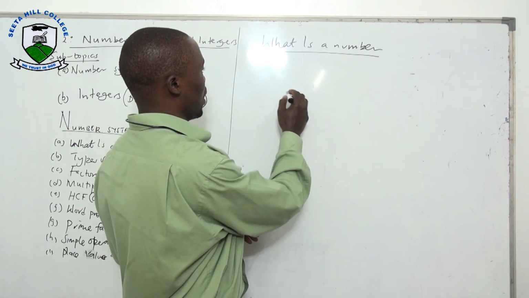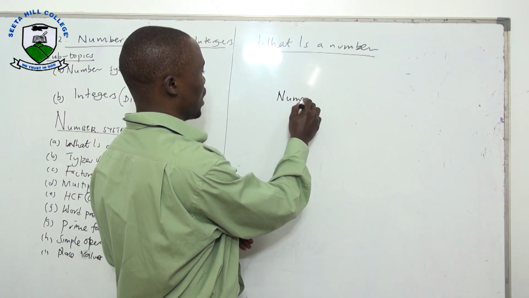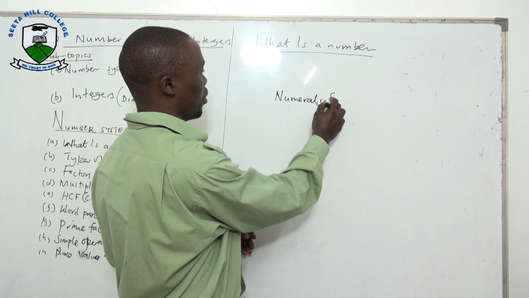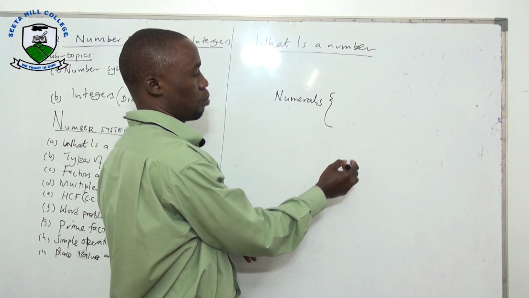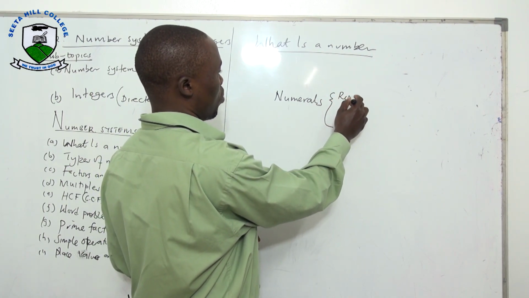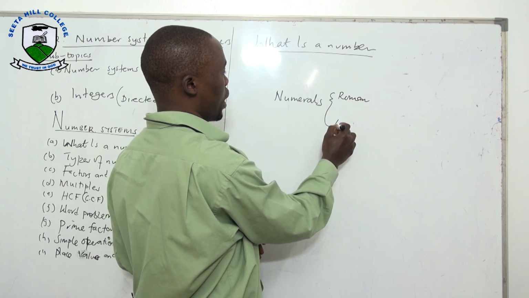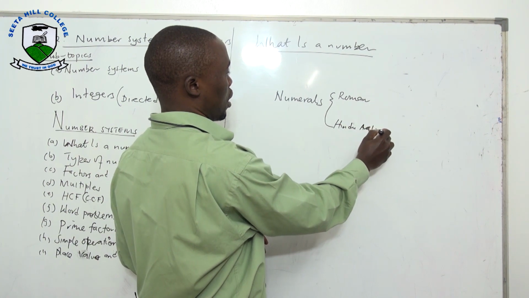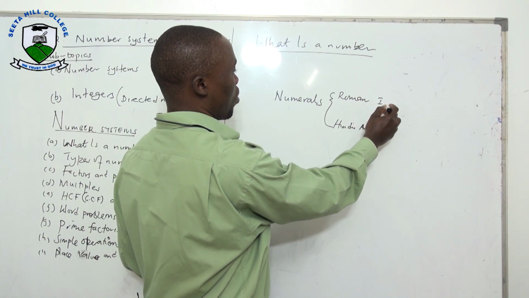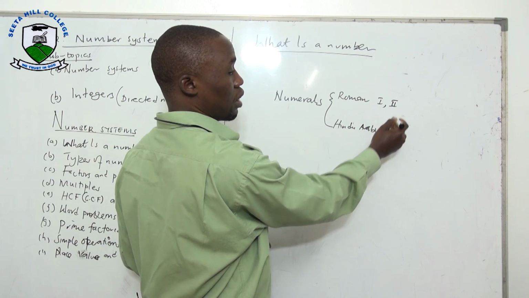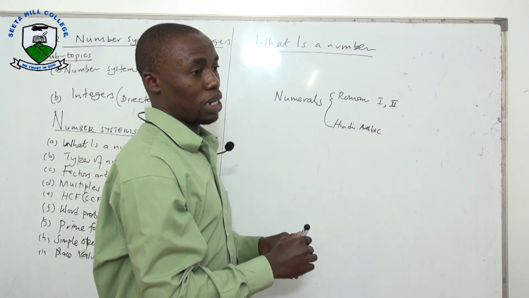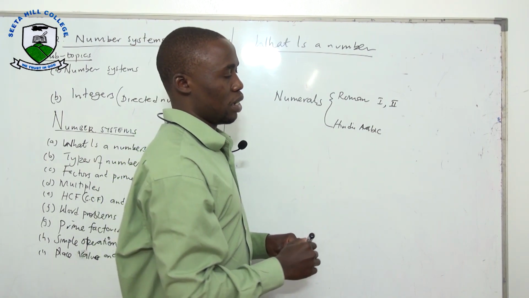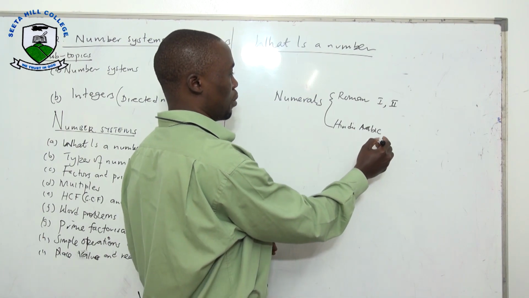So the counting was done first using either Roman numerals or Hindu-Arabic numerals. Roman numerals were abbreviated; I think you met them in our lower primary.